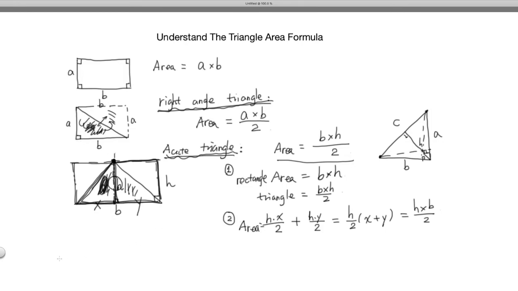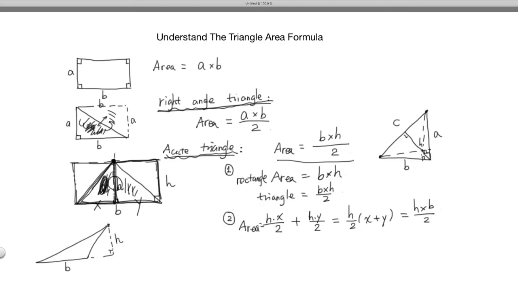So the last case we need to cover is, it's not an acute triangle, it's not a right angle triangle, it's an obtuse triangle. In this obtuse triangle, the base is still b, and the height is h.